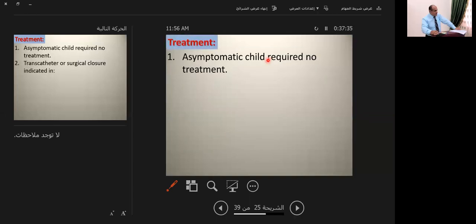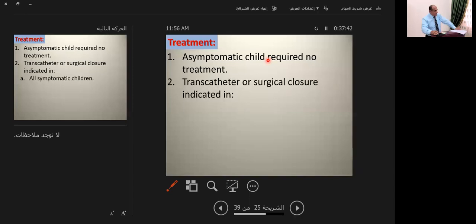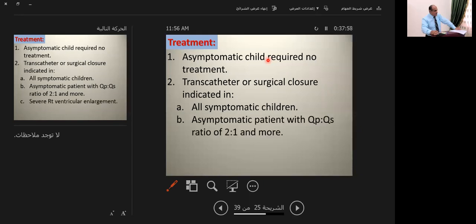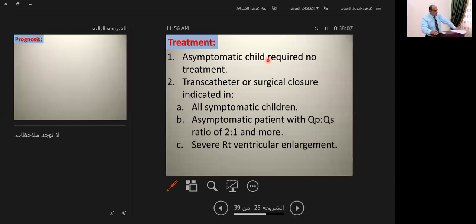Treatment: an asymptomatic child requires no treatment, but transcatheter or surgical closure is indicated in all symptomatic children, and in asymptomatic patients with a pulmonary to systemic circulation ratio of 2:1 or more, and severe right ventricular enlargement.